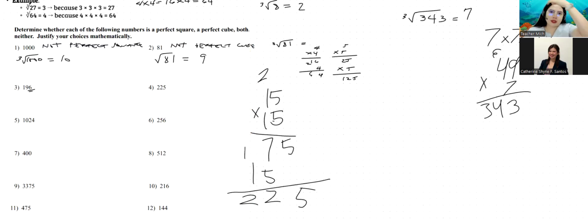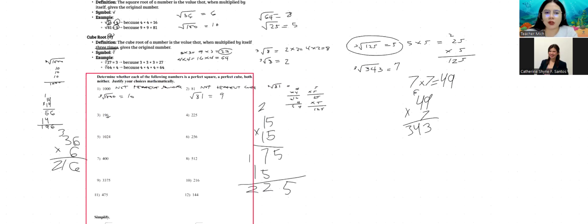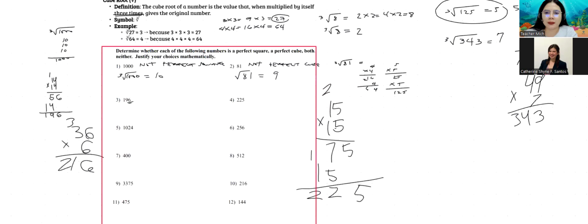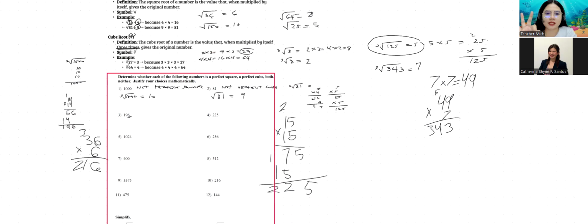How about a perfect cube? You think of a number that when you multiply 3 times by itself, the result is equal to 225. So in our given example here, Kate, we all know that when we multiply 6 times 6 times 6, that results to 216. You also know that when you multiply 7 times 7 times 7, the result here is what?